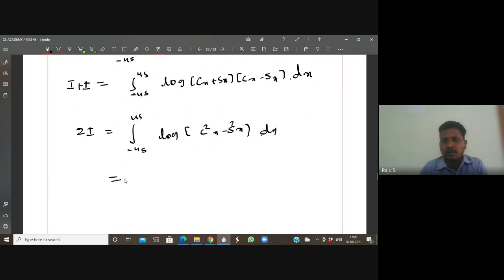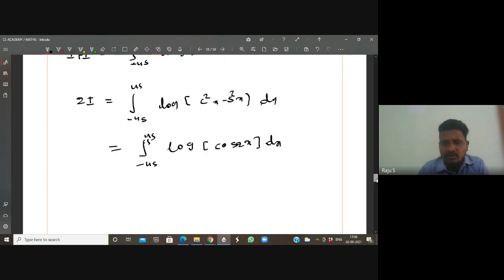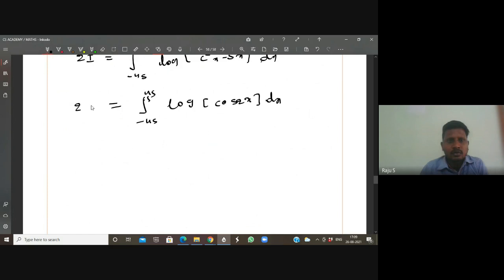So this is nothing but the integral from minus 45 to plus 45. Clearly, log of cos square theta minus sin square theta is cos 2 theta. So cos 2x. Finally, we got this cos 2x. 2I is equal to, let us take this as 2.